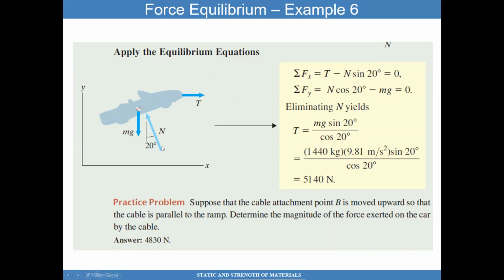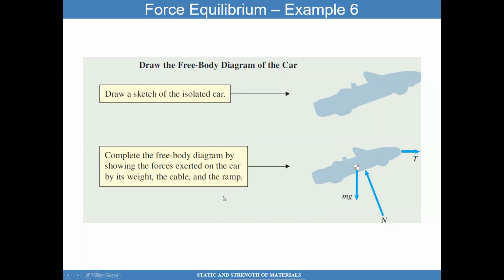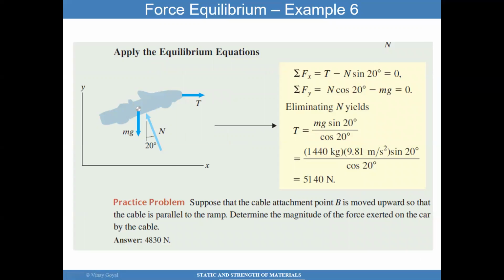So I have the weight of the car, and the normal force onto the car, which is inclined at 20 degrees, and I know that because this angle is 20 degrees. From trigonometry, you know that's also oriented at 20 degrees. Again, I can sum forces in the x direction, so I have tension in the x direction minus the normal force N, which can be resolved in the x direction as N times sine 20 degrees.